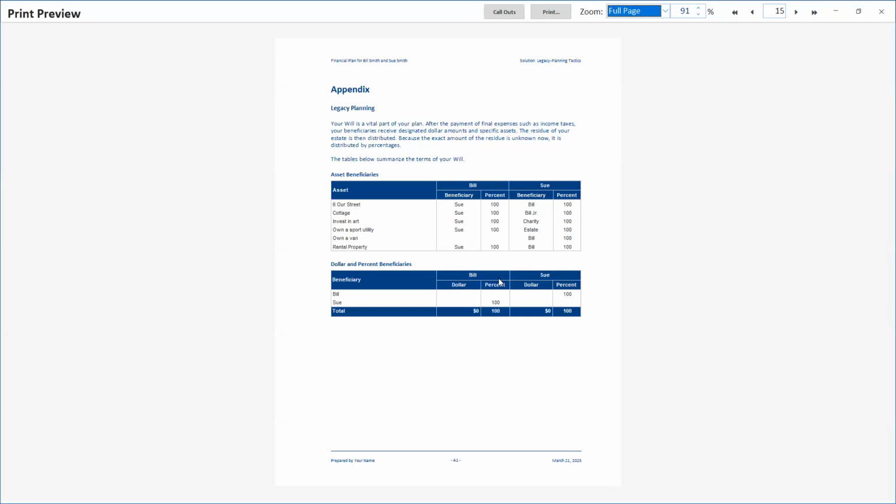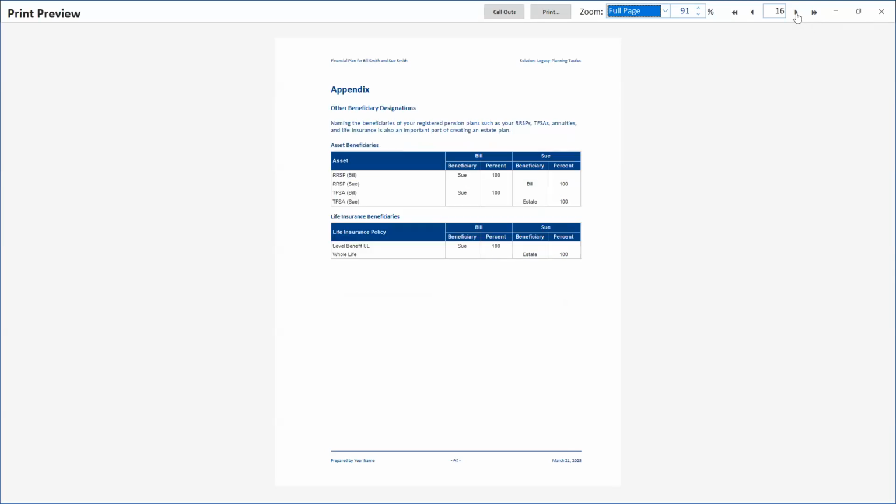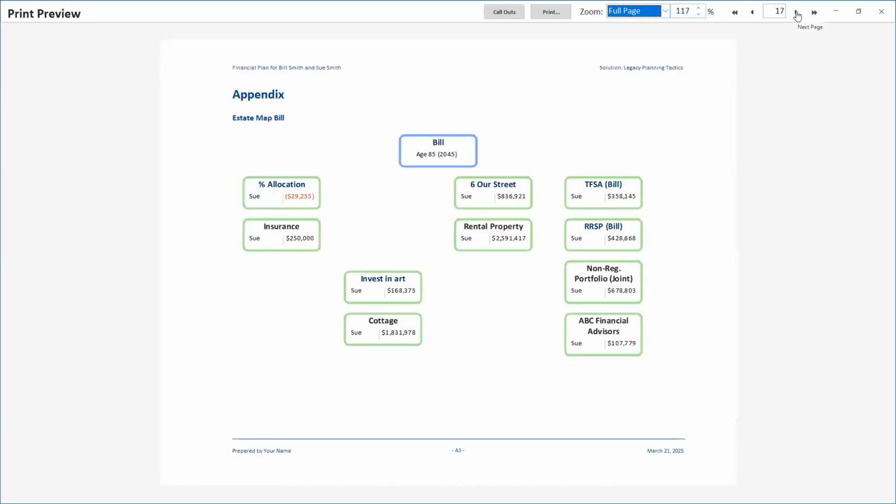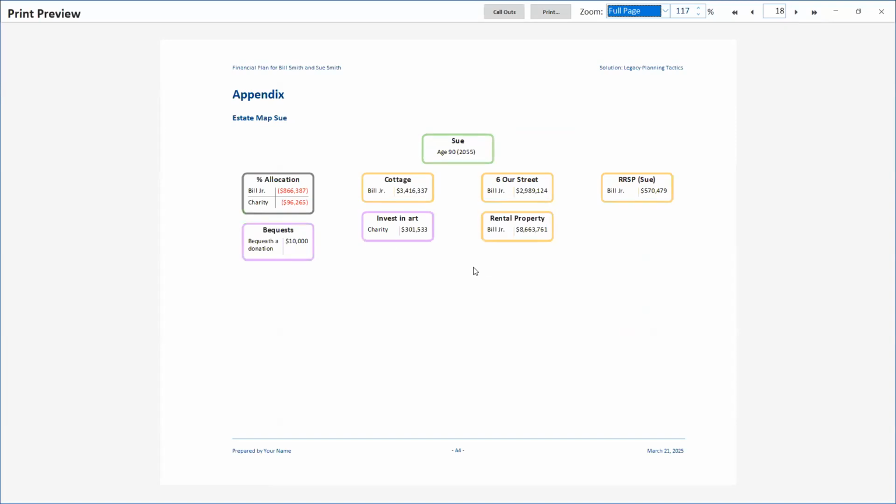Beneficiaries for any residue of the estate, they just go to each other, of course. And then you get into other things like TFSAs and so on. This then summarizes the effect of applying the terms of the will. And what we can see when we go to Sue is that the percent allocation is being split between Bill and charity.